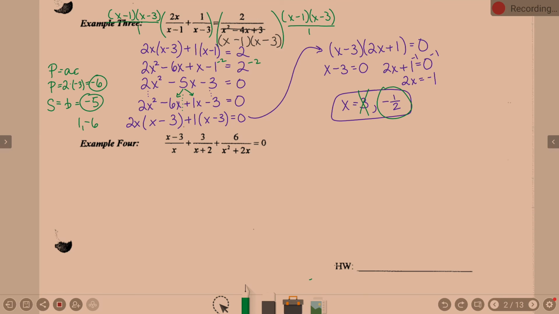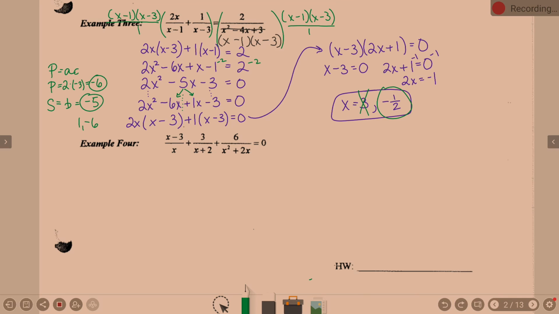Definitely need to talk about the beginning part on this one. Okay, x minus 3 over x plus 3 over x plus 2 plus 6 over x squared plus 2x equals 0. Okay, what kind of things do you notice here? What do you notice about the denominator of x squared plus 2x?